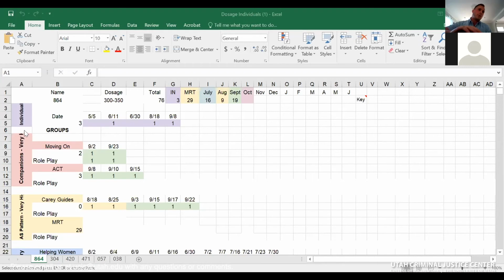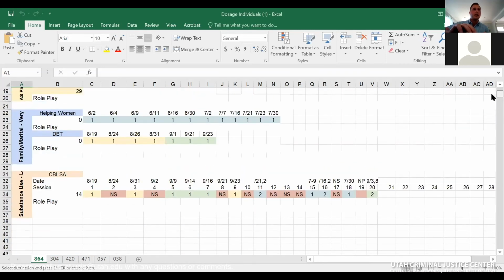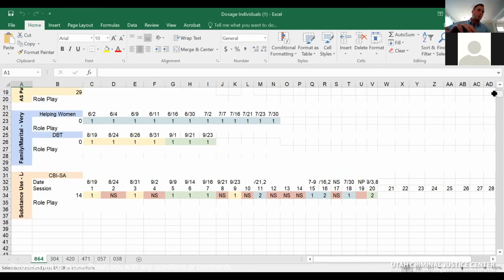These were on the left column here. These were the different risk need areas that were identified. We can see that companions was rated very high. The antisocial pattern was also rated very high. Family marital was rated very high. And they actually included substance use here, and it was rated as a low risk area.